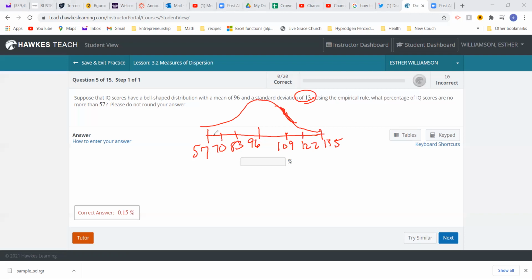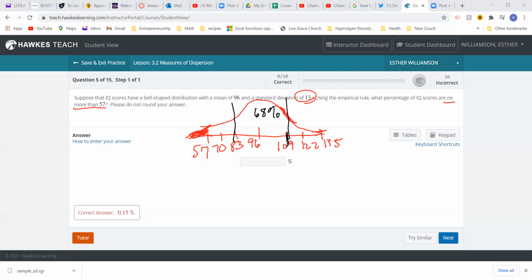So really what this is asking, and this should be like this, no more than 57 means maximum 57. So it's really asking for this area out here. So let's talk about this area. 68% of your data will fall within this interval here. That's plus or minus 1 standard deviation from the mean.